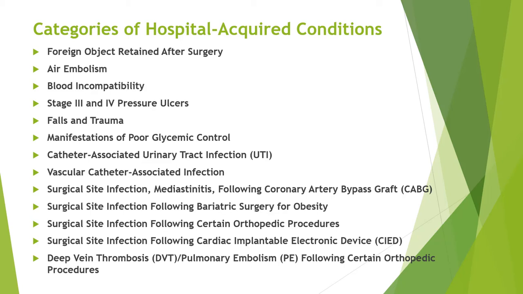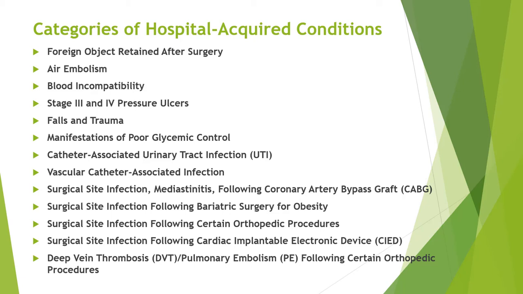Poor glycemic control would be diabetics that either bottom out or have excessively high sugars because they're not being monitored correctly. Urinary tract infections that the patient gets from having a Foley catheter, for example, for too long of a period according to these guidelines. A vascular catheter, like central lines that go into the body. Surgical site infections are important for lots of reasons, and they're listed there.